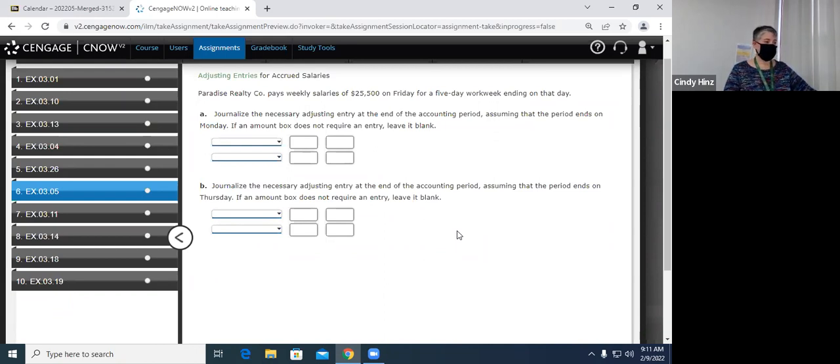Paradise Realty Company pays weekly salaries of $25,500 on Friday for a 5-day work week ending on that day. In case you are not aware, the difference between wages and salary: wages generally means that you are paid by the hour. So you have an hourly rate, say $15 an hour, and however many hours you work, you multiply that by $15 an hour.